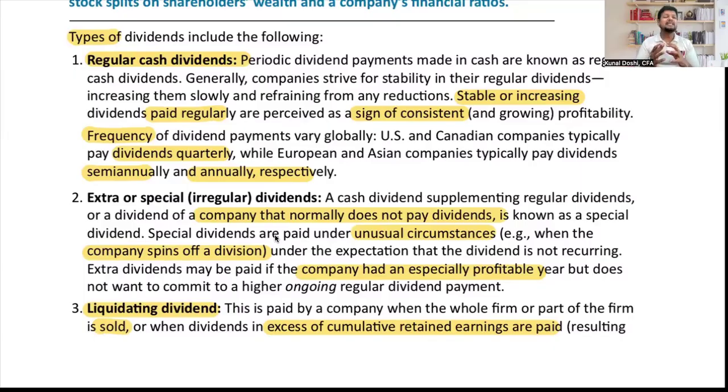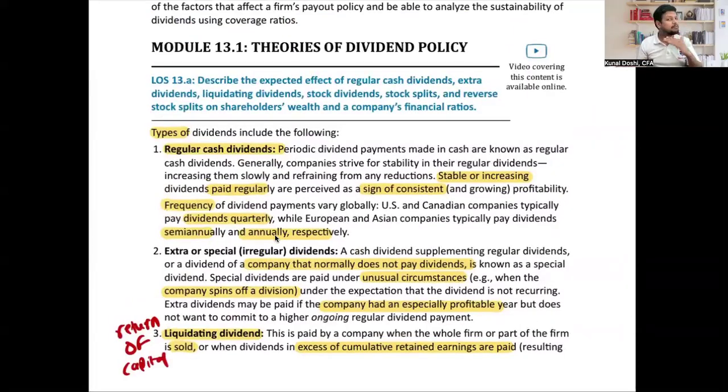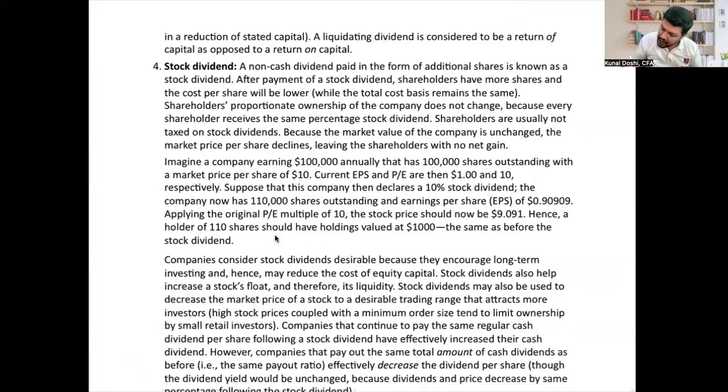This is considered as not a return on capital, but a return of capital. That means the company is giving back its money to its shareholders. This is what I call a dividend in crisis. This is not considered a positive sign.